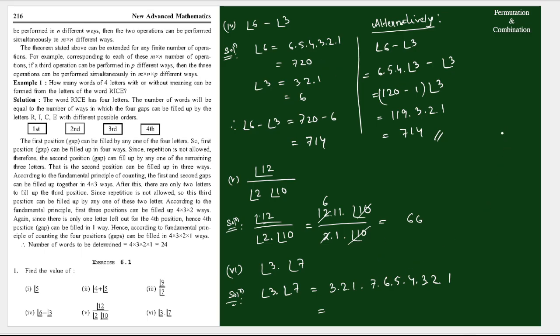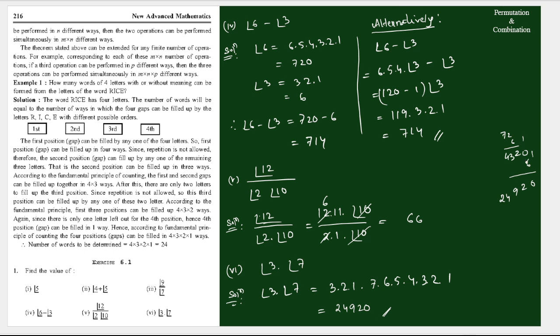Okay, 720 into 6 will be 4320. Again, 3 into 2 is 6, so 4320 into 6. Let me calculate again: 720 into 6 is 4320.